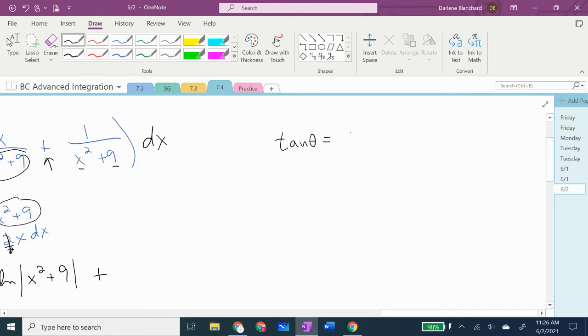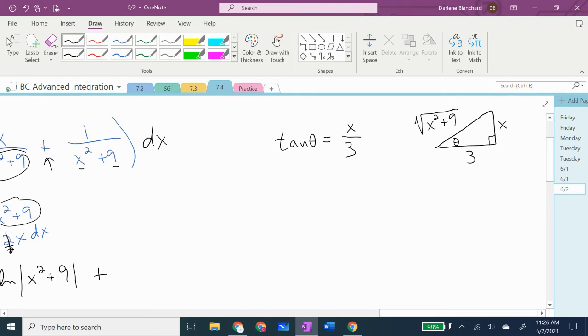And I set it equal to the function that is being squared divided by the number that is being squared. I'm going to set up my right triangle, opposite over adjacent because it's tangent. Pythagorean theorem gives me the square root of x squared plus 3 squared.